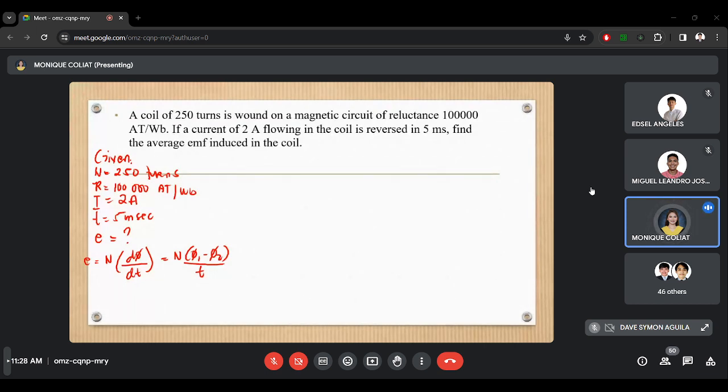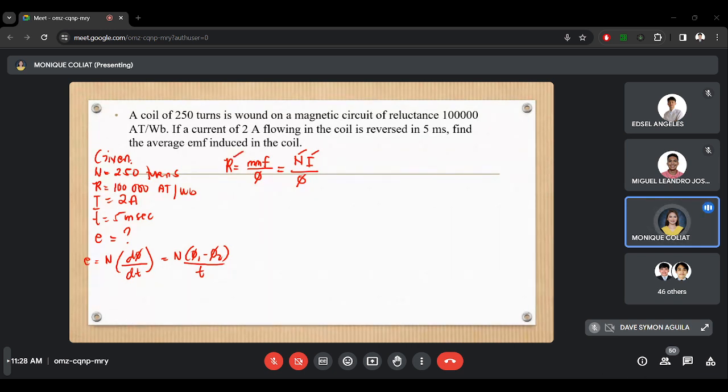We have this formula: reluctance is equal to MMF over flux, and MMF is equal to N times I. So we have N, we have I, we have reluctance, but we don't have flux.